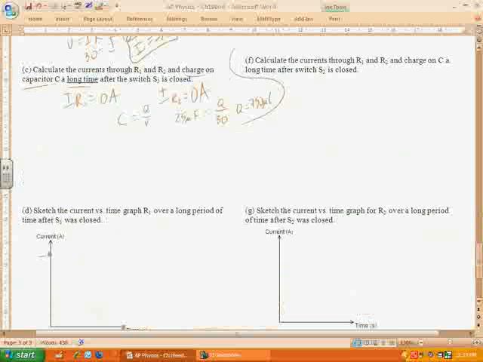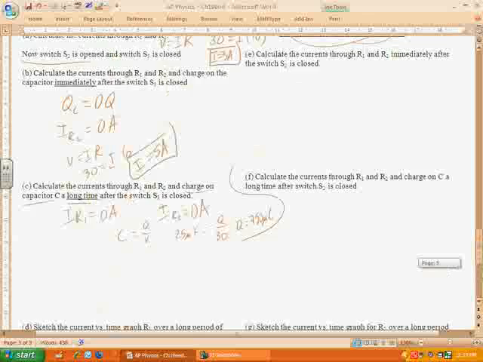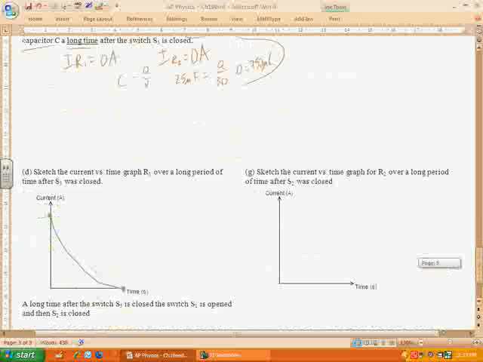So let's go on, after D, can't forget, I put this down. A long time after the switch S3 is closed, switch 1 is opened and 2 is closed. So now, a long time after this, it says that we're going to open 1, and close 2.